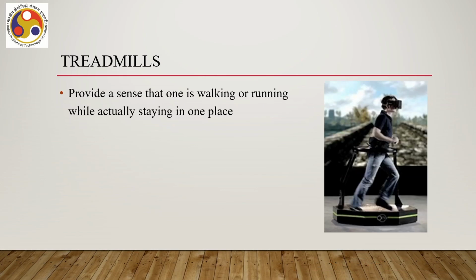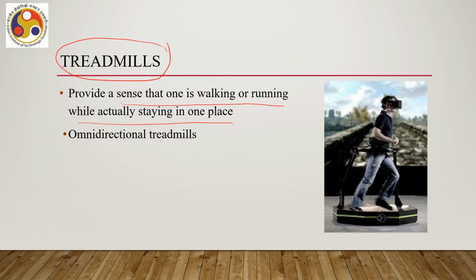Also, there can be treadmills, another type of output device. It provides a sense of one is walking or running while actually staying in one place by providing different sorts of input to the feet or leg. We can have omnidirectional treadmills.